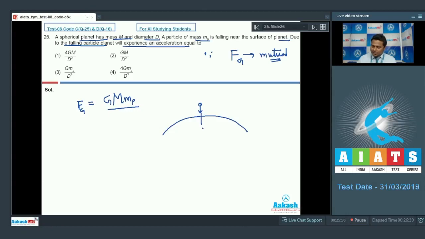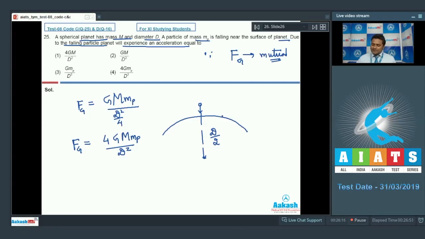Now r will be what? The radius of the planet, that is D by 2. So D square divided by 4. This force will be experienced on both. So Fg will be what? 4G mass of planet, mass of particle divided by D square.